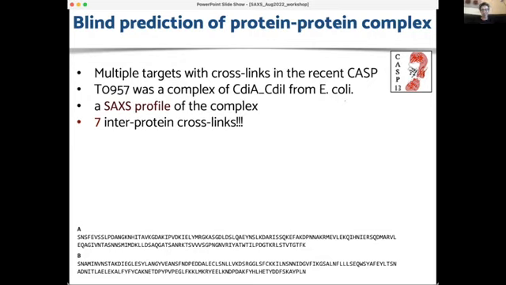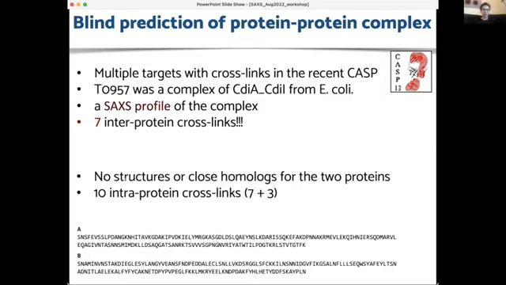So that means we had a very high probability of success here, at least 50% for top scoring, and we could submit 5 models. So it had 7 interprotein crosslinks and no structure. The problem was that there were no structures for the 2 proteins because CASP is actually a folding competition. So we were given sequences and we had to fold and dock the 2.